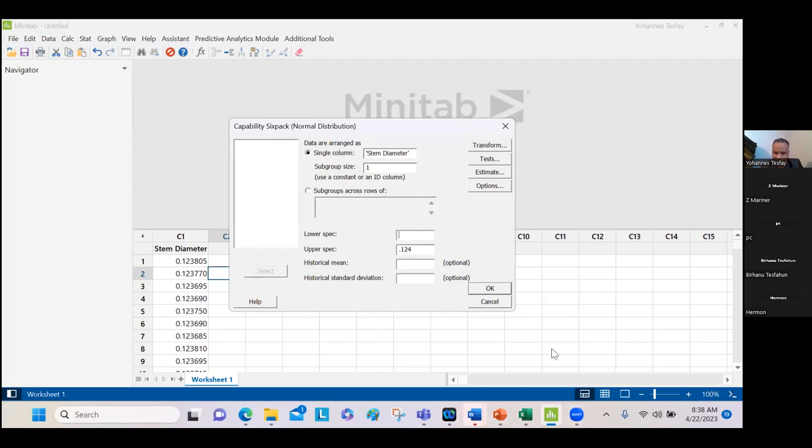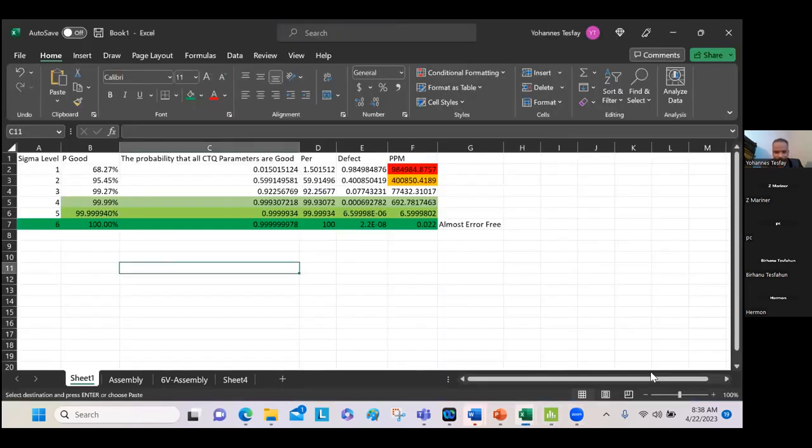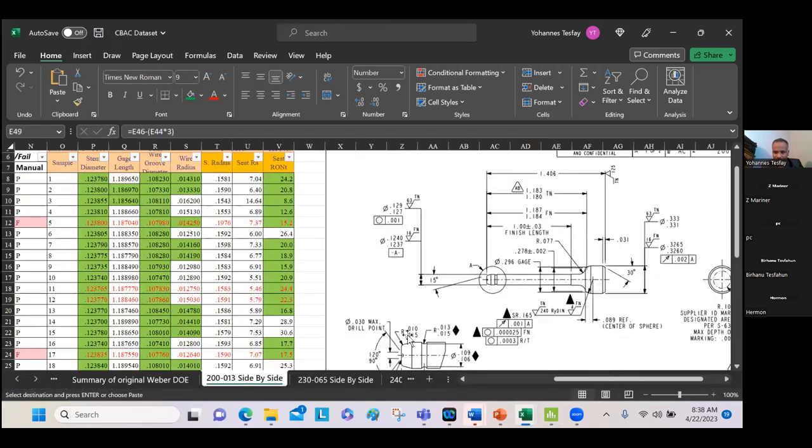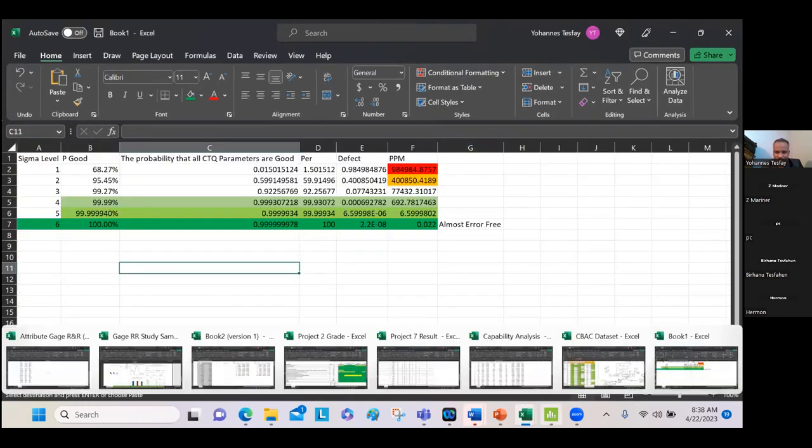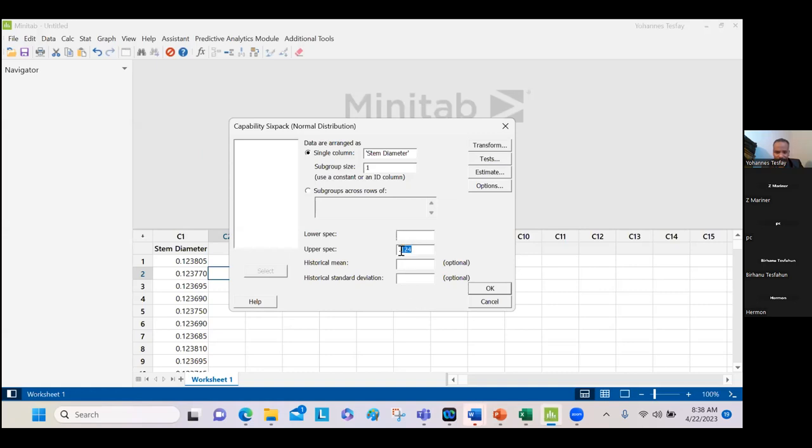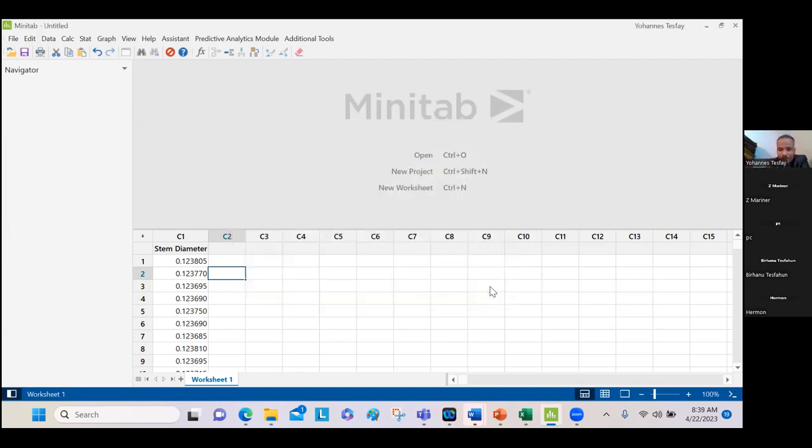I think 0.124 is the upper spec, and 0.1237 is the lower spec. Sigma, standard error, historical mean and standard deviation are optional so I leave them. Then I click OK.